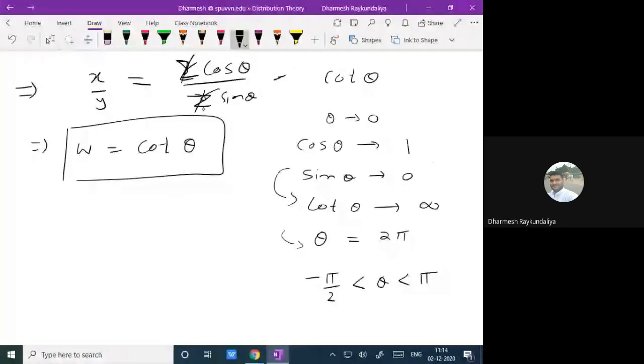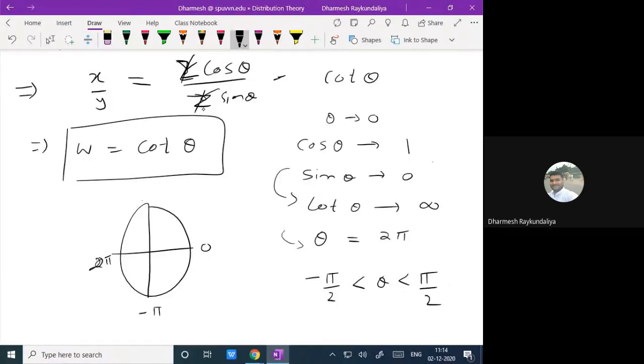If you divide the circle into two parts, let us say 0 to 2 pi, and likewise n pi, and minus pi by 2 to pi by 2.